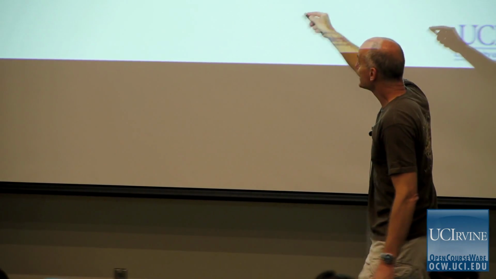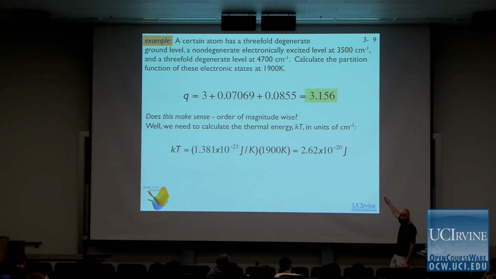And so if we want to figure out if this answer could possibly be right, we need to calculate what the thermal energy is in units of wave numbers. What is the thermal energy? It's kT. k is 1.381 times 10 to the minus 23 joules per Kelvin, times 1900 Kelvin, and so that product is 2.62 times 10 to the minus 20 joules.